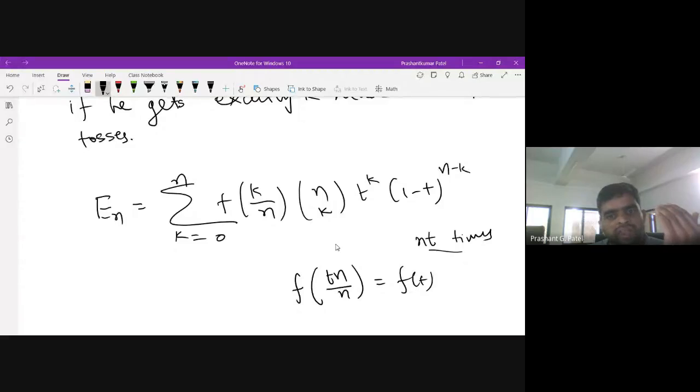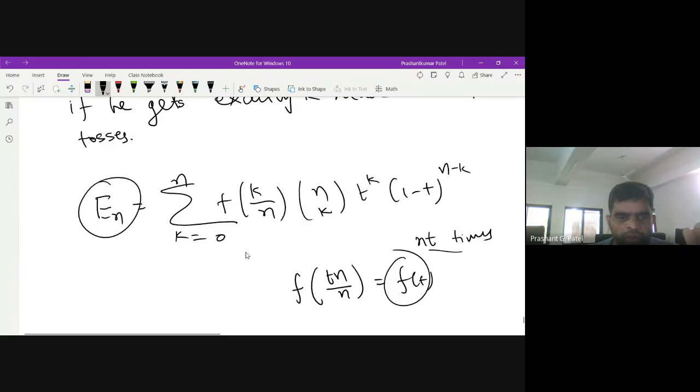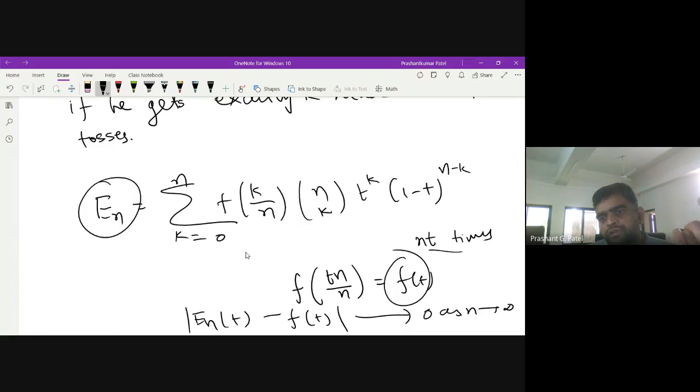So when n is very large, then En and f will be near to each other. So we expect that En of t minus f of t will tend to 0 as n tends to infinity.